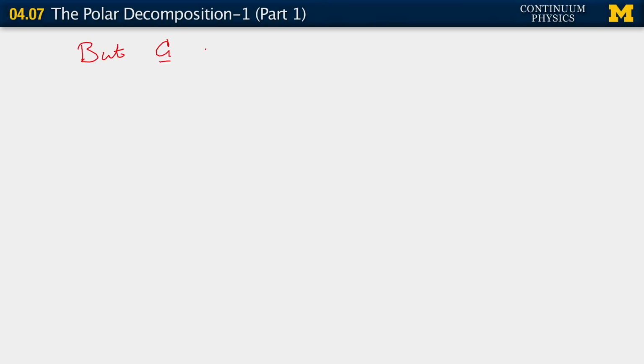But C belonging to S3 and positive definite implies that we can write C also as a spectral decomposition, sum i going from 1 to 3 of its eigenvalues times its eigenvectors.